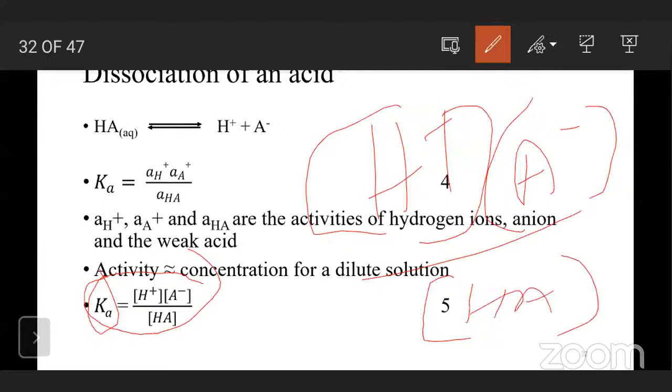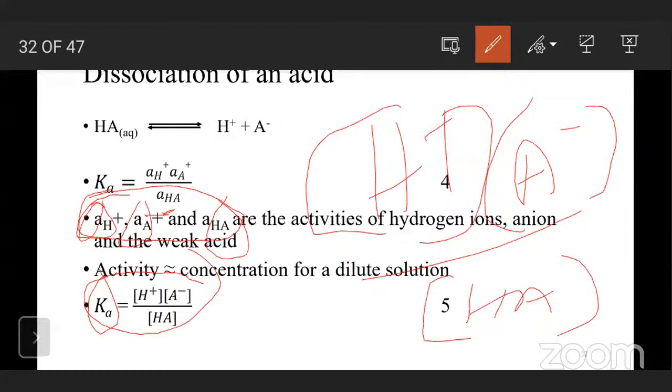And we introduced a concept which is the activity. Instead of molar concentration, we introduced the parameter which is activity. So we can be talking of the activity of the hydrogen ion, the activity of the anion, which is negative, not positive, and the activity of the acid on its own.